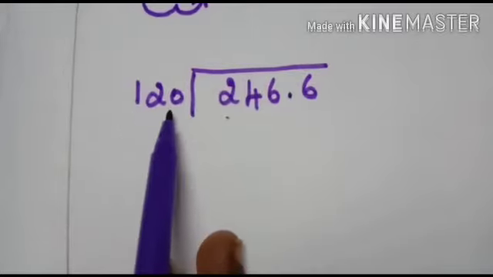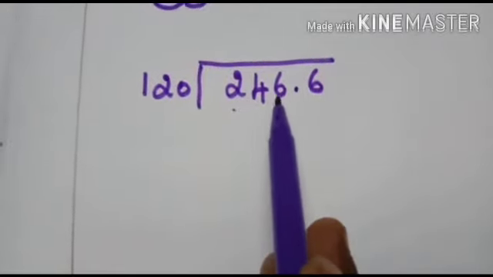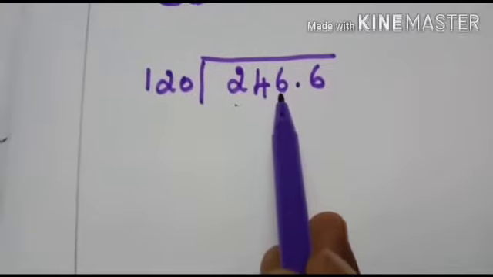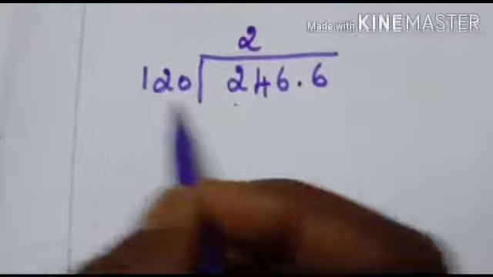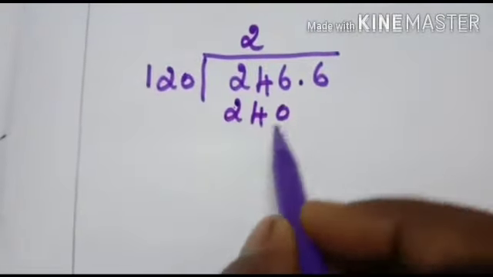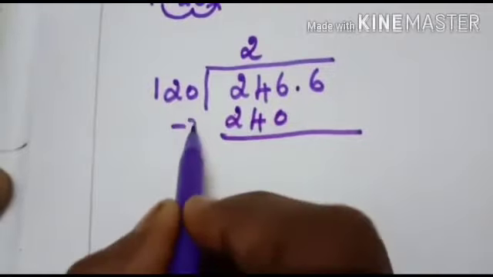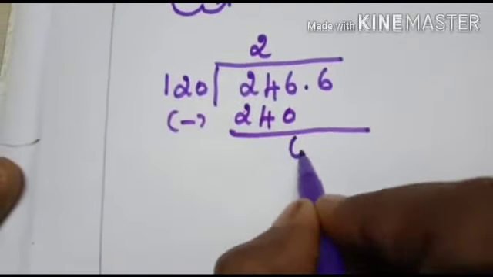Here there are 3 numbers in the divisor, so we have to take 3 numbers in the dividend also. So here 2 times 120 is equal to 240. Next we subtract: 6 minus 0 is equal to 6.